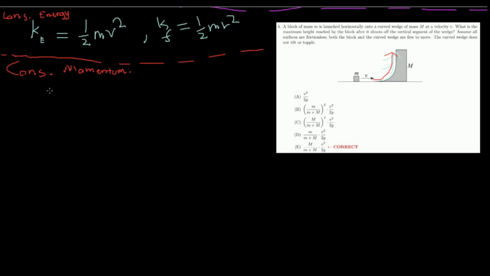So what we have is mv equals little m plus big M, which is the mass of the structure, and then V1. And we can expect this V1 to be quite small, smaller than V. So we have mv over m plus M equals V1.